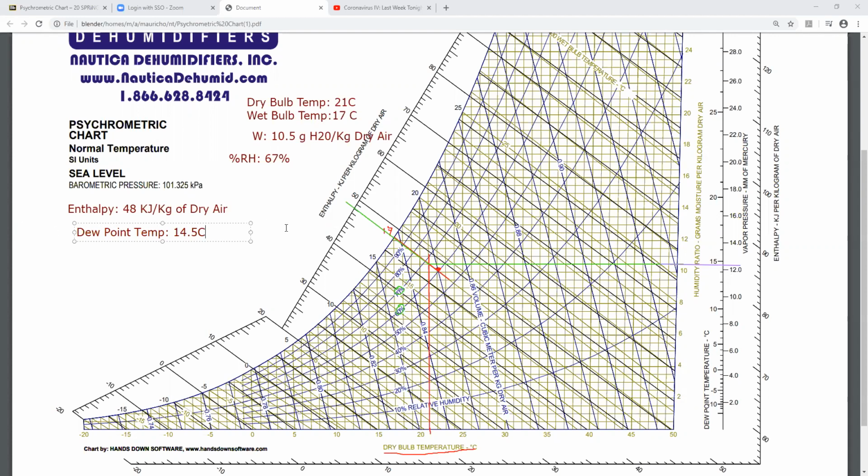Okay, so we have the enthalpy, dew point, humidity ratio, and the relative humidity. What we are missing is these other diagonal lines that go vertical, for the specific volume. You can see here, volume, these are the units, cubic meters per kilogram of dry air.